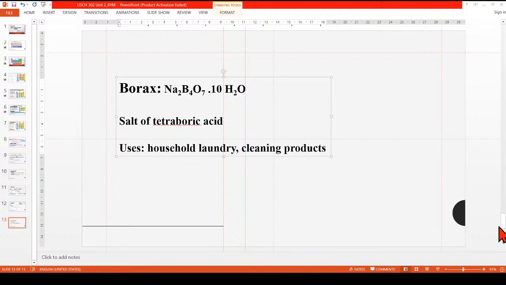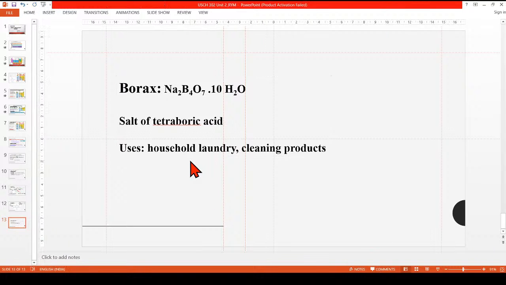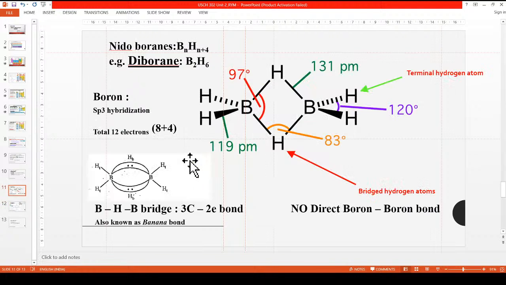Okay, Kushal, you are asking one question: how is hydrogen able to form two bonds if its valency is 1? See, we will go back. In the case of boron, hydrogen and boron, this is a bridge bond.